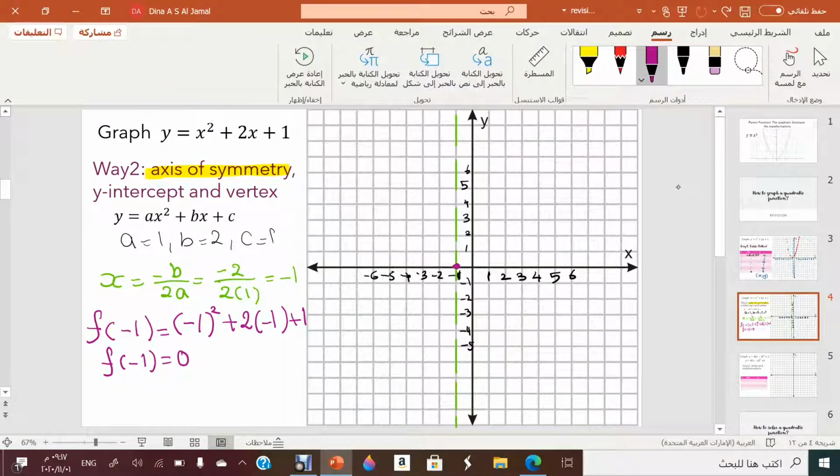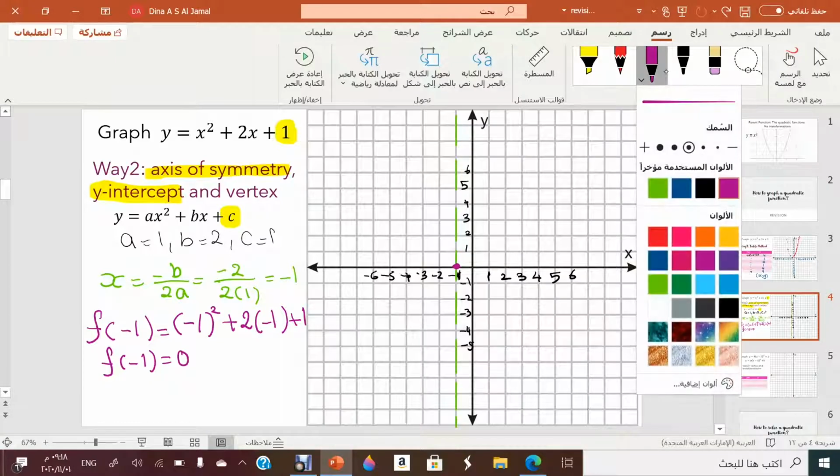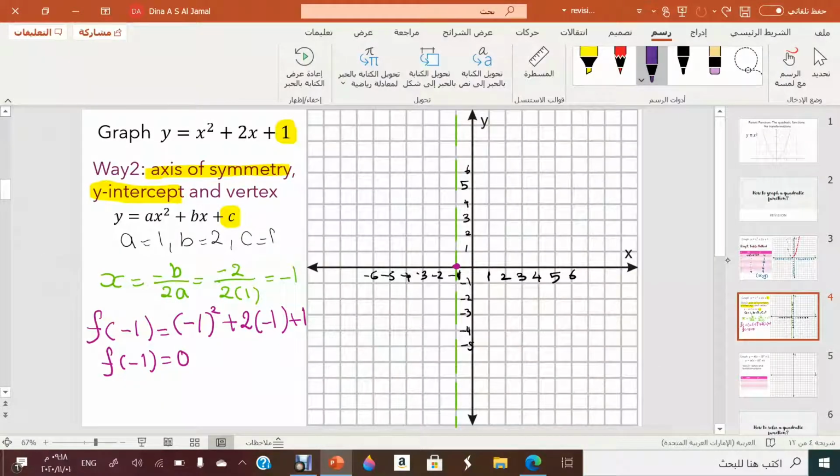Now I need another point. How can I find it? Use the y-intercept. So always know that whenever you would like to find the y-intercept, you need to substitute the x by 0. And look at the c value here. So it is always representative for the y-intercept in the case of having a equal to 1.